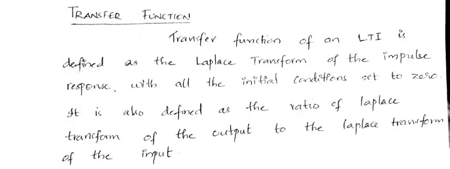So in a simple sense, we can define transfer function as the ratio of Laplace transform of the output to the Laplace transform of the input. So transfer function is equal to Laplace transform of the output divided by Laplace transform of the input. But there we have to apply one condition, and the condition is that all the initial conditions should be set to 0.